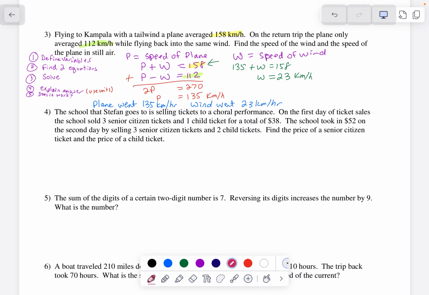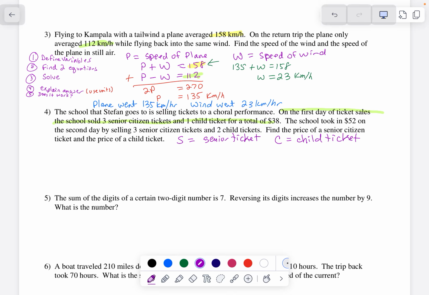So the first thing we're going to do is define our variables. So we'll call S our senior citizen ticket. And we'll call C our child ticket. And then we need our equations. And so let's pull out this first sentence for our first equation. It says on the first day of ticket sales, the school sold 3 seniors.